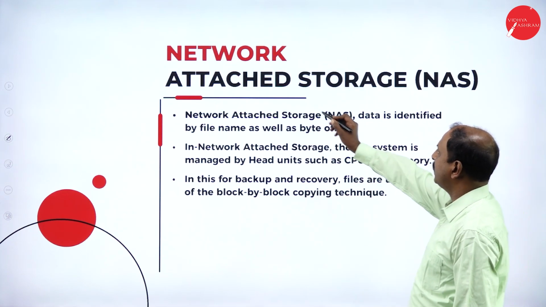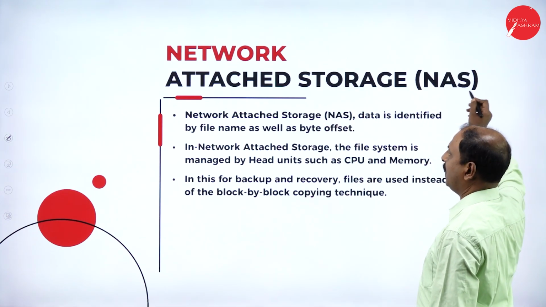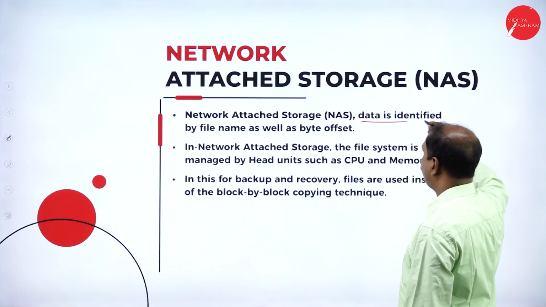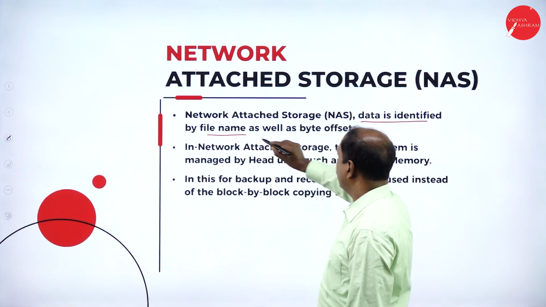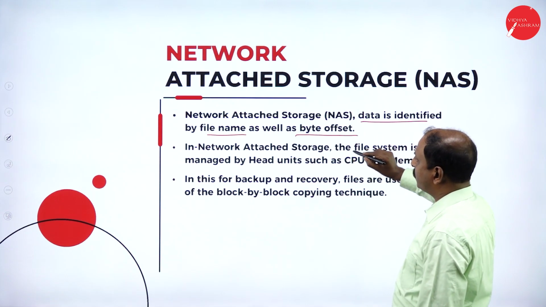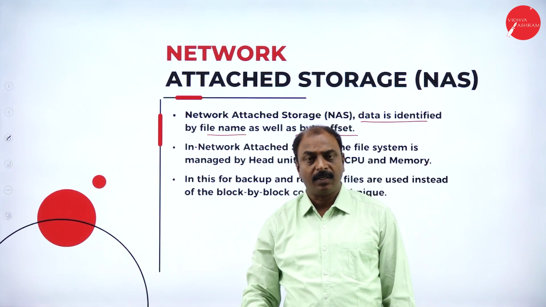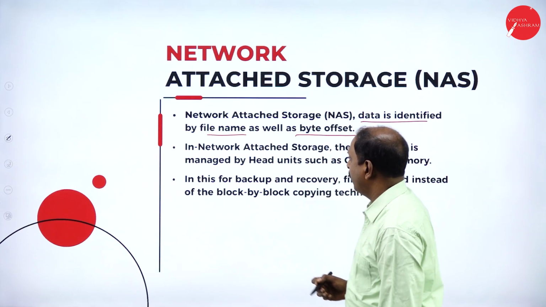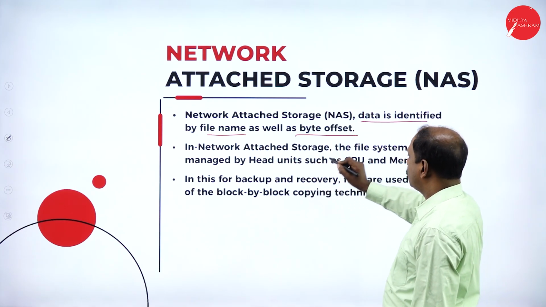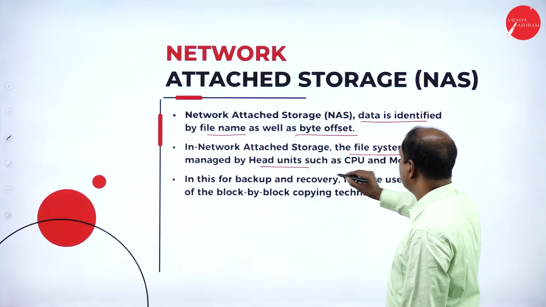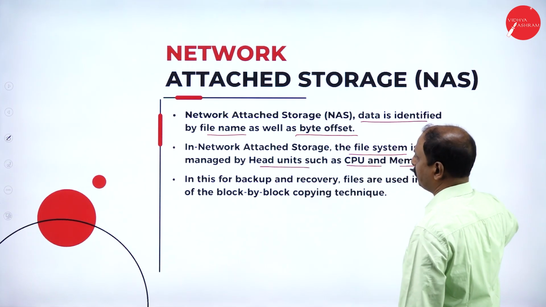Next one is network attached storage, NAS. This is the second method. In this, data is identified by the file name as well as by the byte offset. So in this method, we identify the data with the file name. In network attached storage, the file system is managed by head units such as CPU and memory.